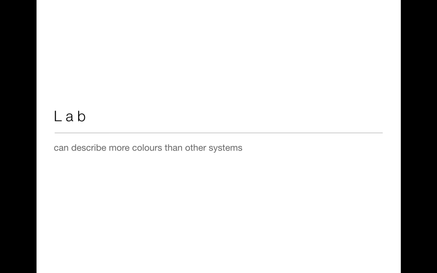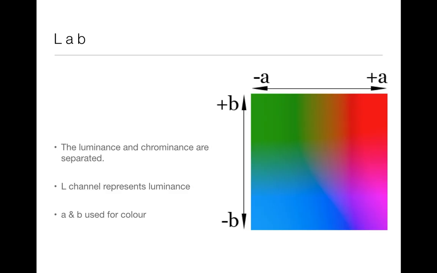And I'll explain to you what that is in a minute. But in the LAB system, again you have 3 values. But the LAB system has an interesting property in that the luminance part of the image and the chrominance information are separated out. I'll explain to you what that is.